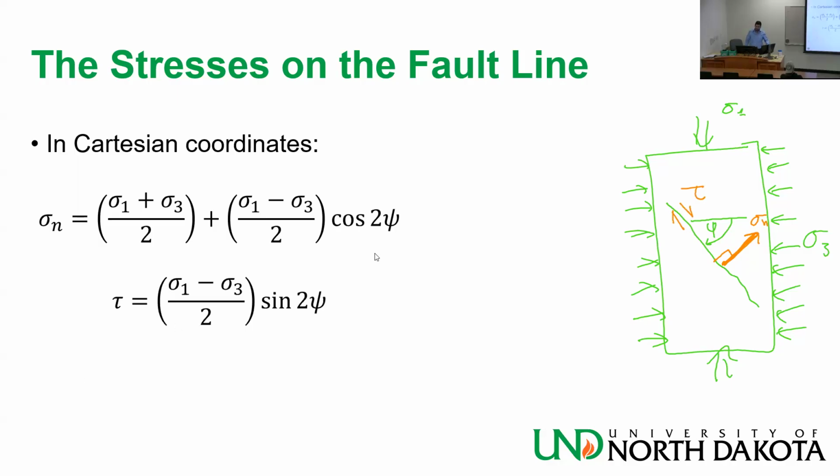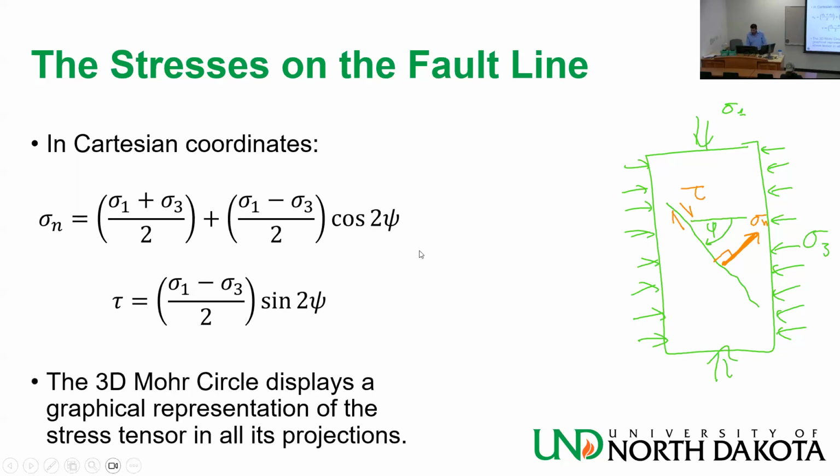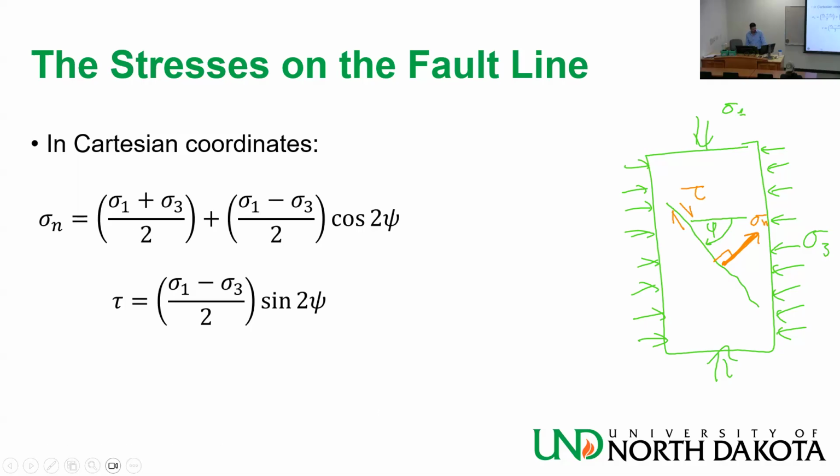And tau is given by this, okay? Tau is given by this. And these are the equations that you can put together and come up with. If you put them together, remember we said, oops, sorry, remove this. Now, if you do this, this is a pre-fractured rock, right? So tau equals mu sigma n.